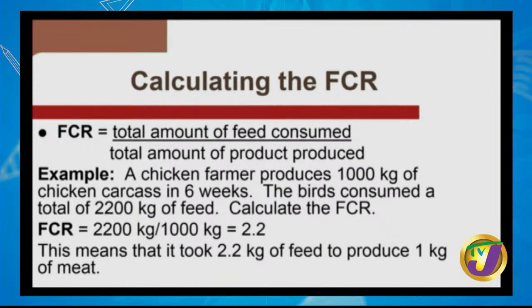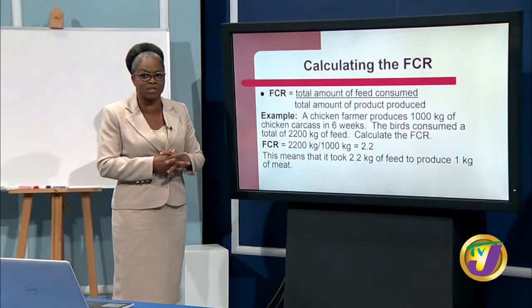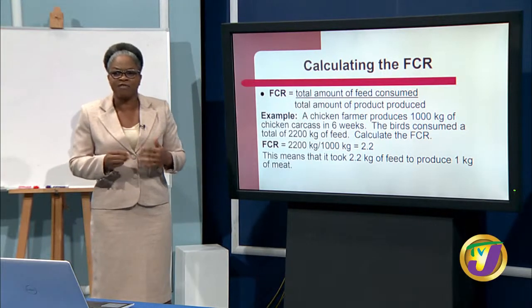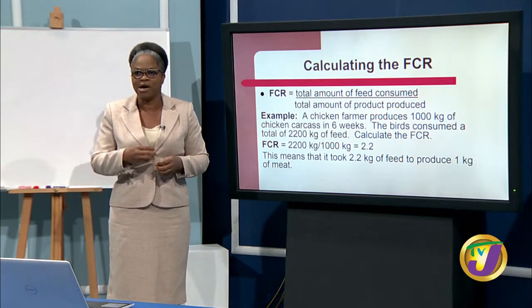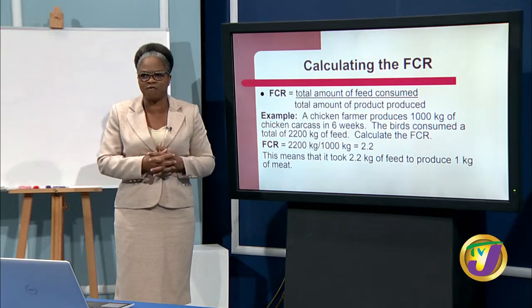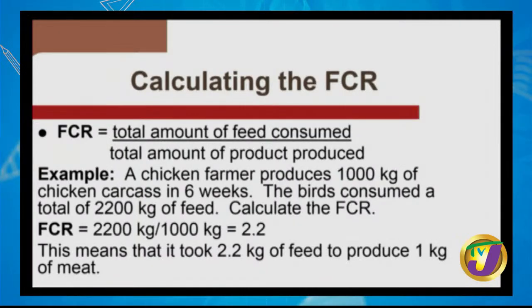So here we have the total amount of feed consumed during that 6 weeks, 2,200 kilograms, divided by the dressed carcass, which is 1,000 kilograms. And so this farmer is seeing a feed conversion ratio of 2.2.